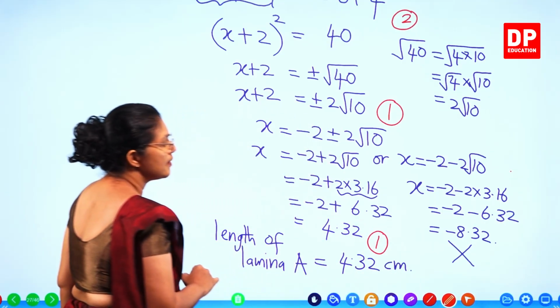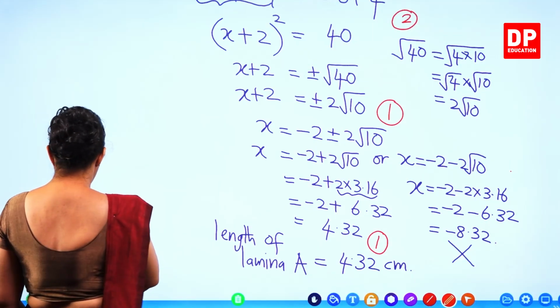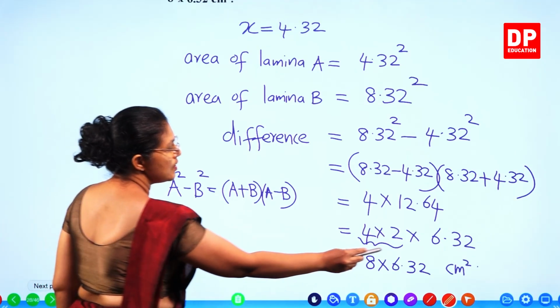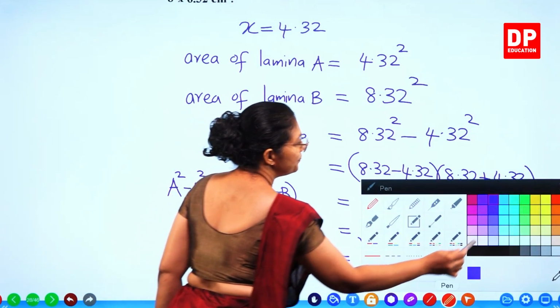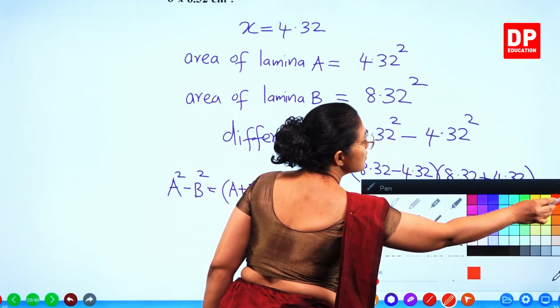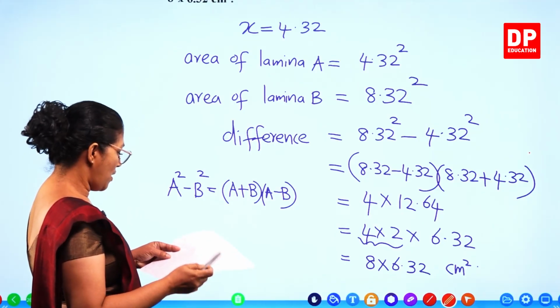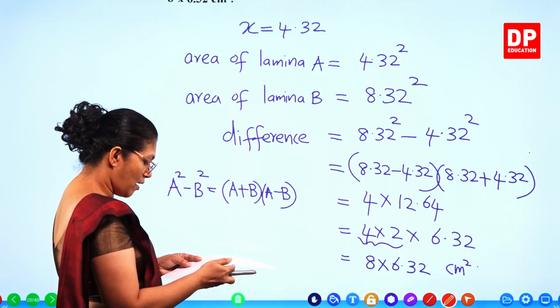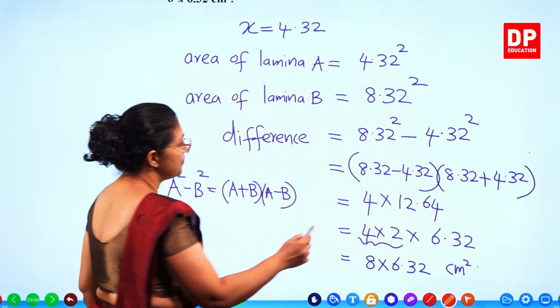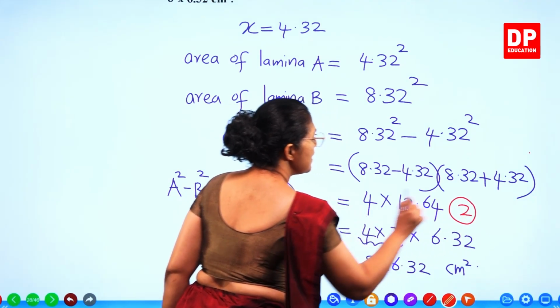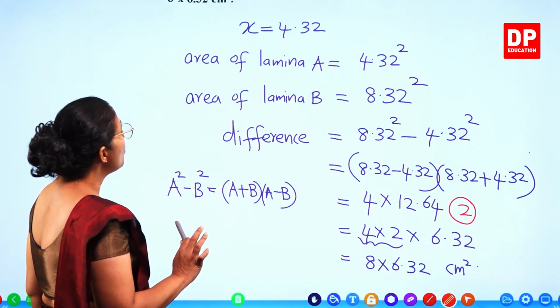So this one, write centimeter as the unit. So this one, centimeter square. So how many marks for this part? You are getting 2 marks. So let's see whether we gave 10 marks for the whole question.